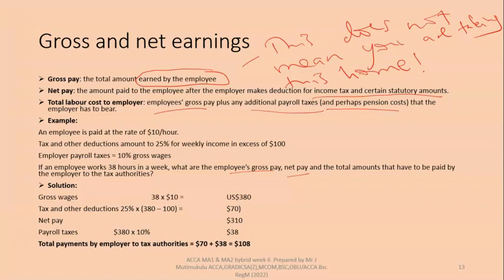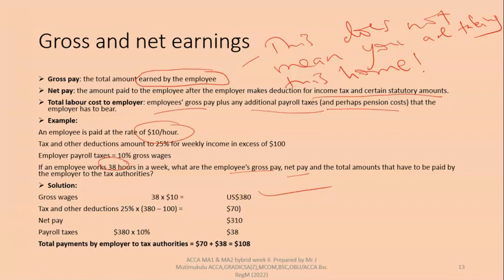Okay, the gross wages is equal to 38 multiplied by 10, and you get 380. Because this guy works 38 hours, and we are told that the hourly rate is $10 per hour, so that is 38 multiplied by 10. That's the gross wages. Then tax and other deductions. Tax is levied at 25% for weekly income in excess of 100.